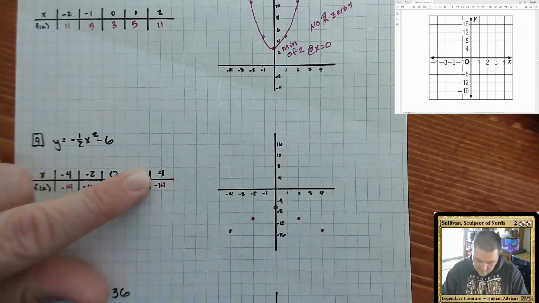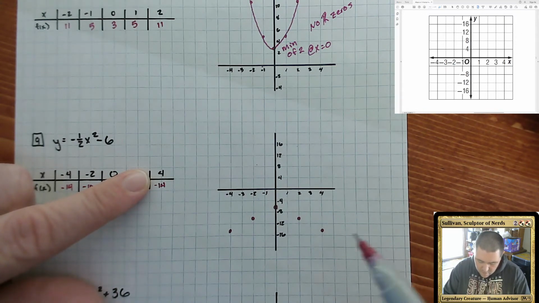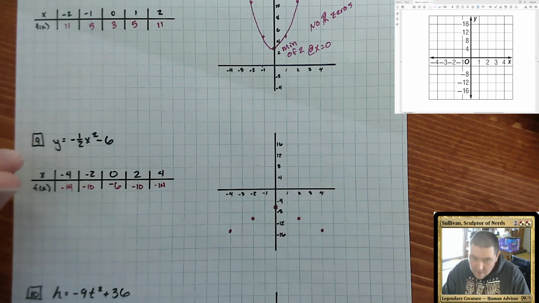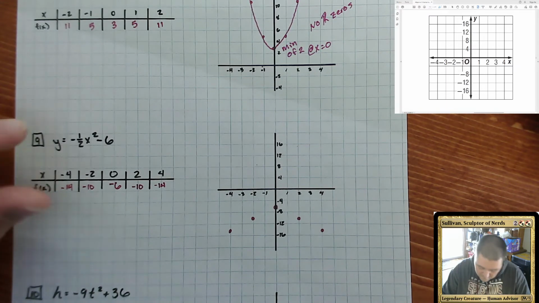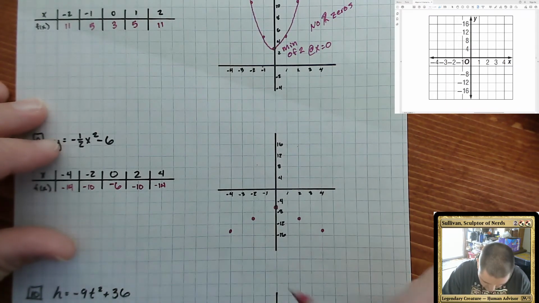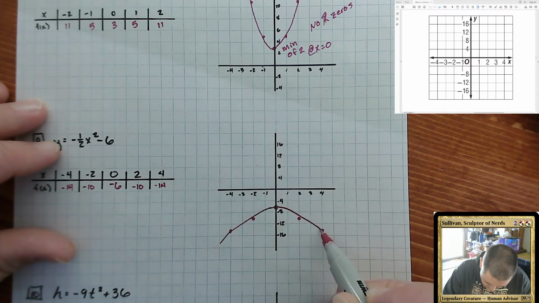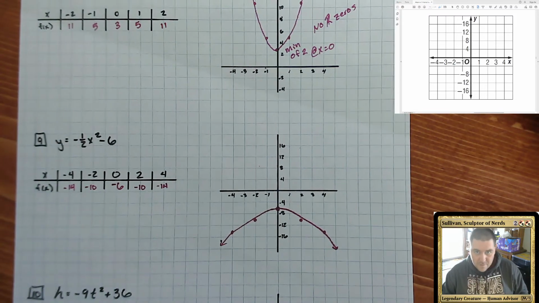And this one's just going to be nice and wide. Don't try to make a V out of it, because I know it looks an awful lot like a V when you have it in this scale. Okay, please don't. There is a curve to it. Make sure there's a curve.